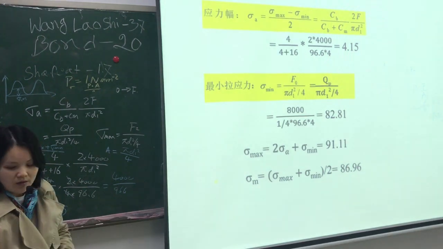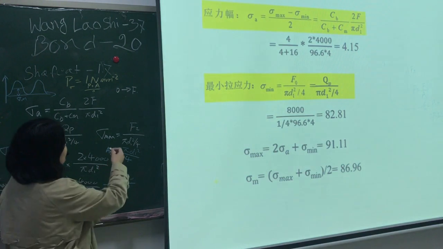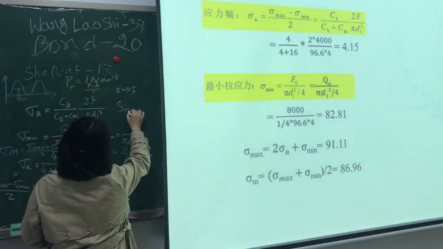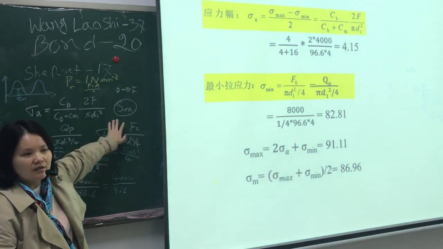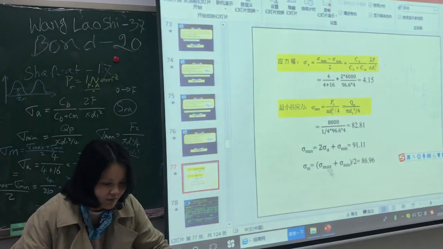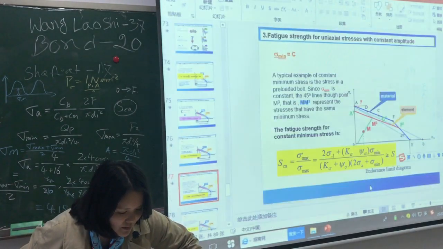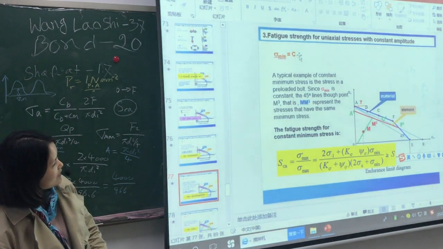And then we also can calculate the safety factor SCA. We calculate this. Alright. Use this equation we started before, for sigma minimum constant.